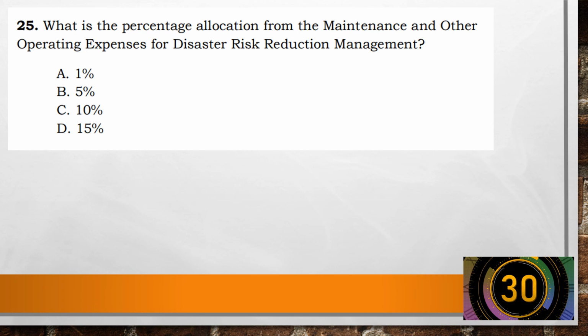Next, we have: what is the percentage allocation from the maintenance and other operating expenses for the disaster risk reduction management? Letter A, 1%, letter B, 5%, letter C, 10%, and letter D, 15%. Your time starts now.